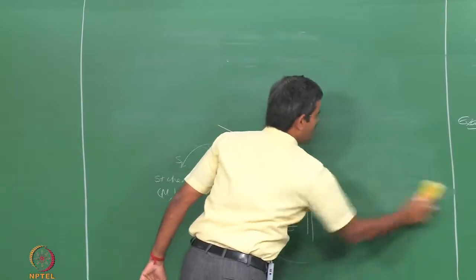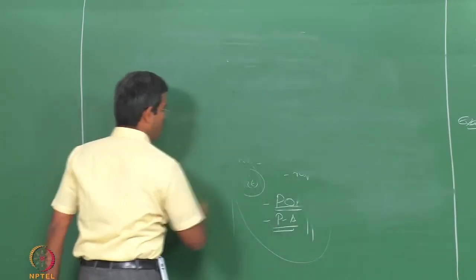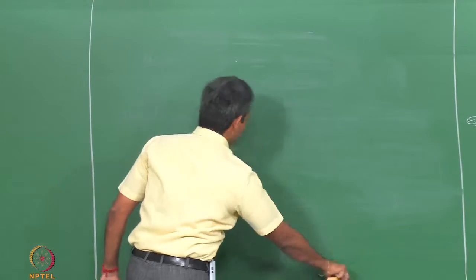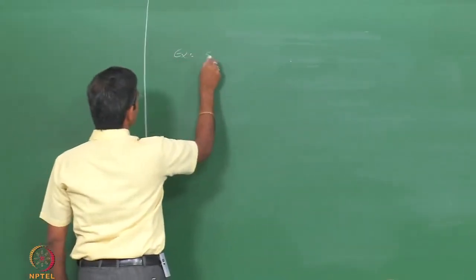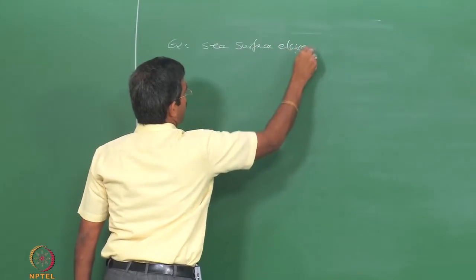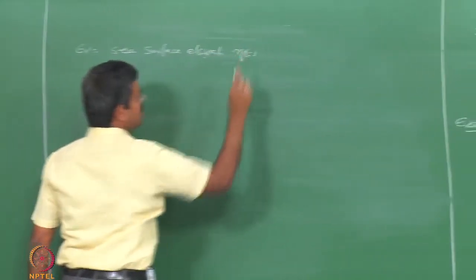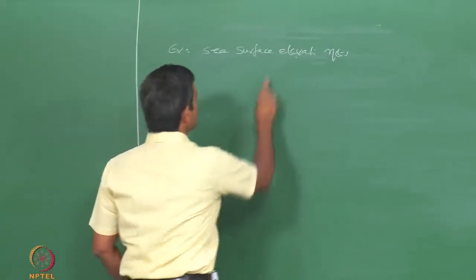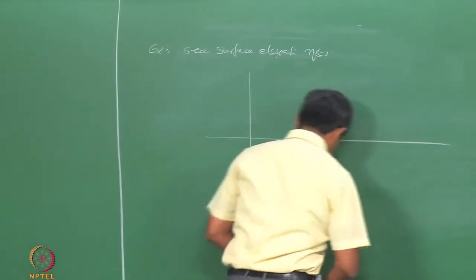Okay. Now, having said this, let us come to an example of a stochastic process. A classical example in terms of load variation of mean and standard deviation could be a sea surface elevation, which we call eta of t. A typical sea surface elevation can look like this.